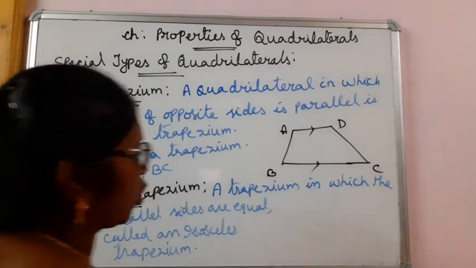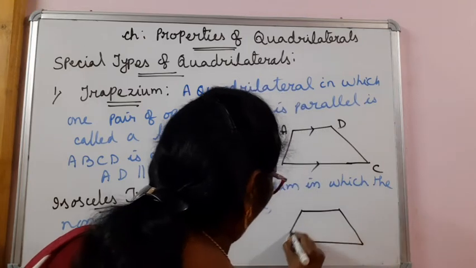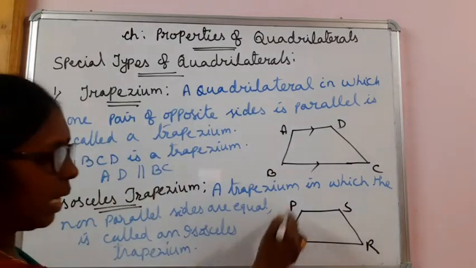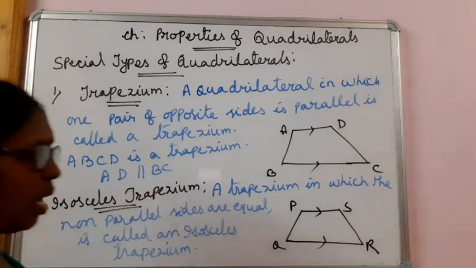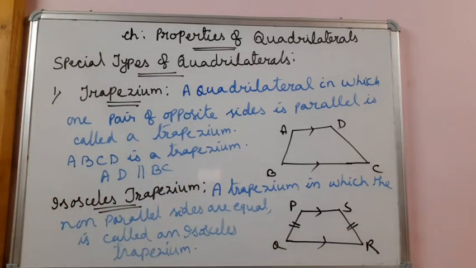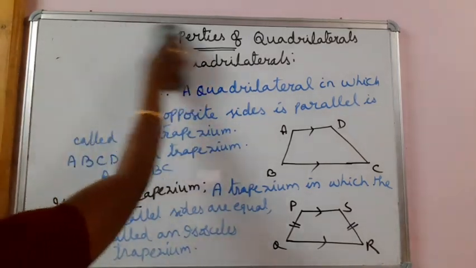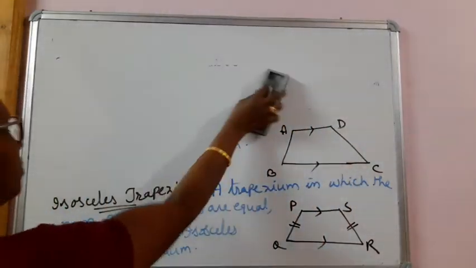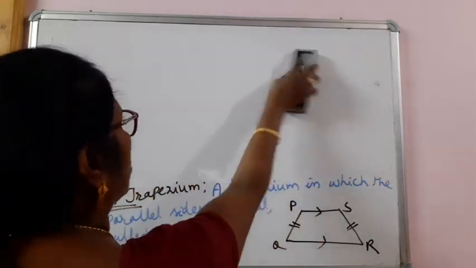Let me draw that and show you. In this quadrilateral PQRS, PS is parallel to QR and PQ is equal to SR. So this PQRS is an isosceles trapezium. The properties of an isosceles trapezium I will also explain to you.